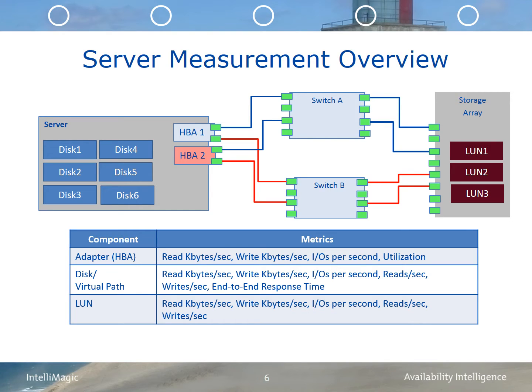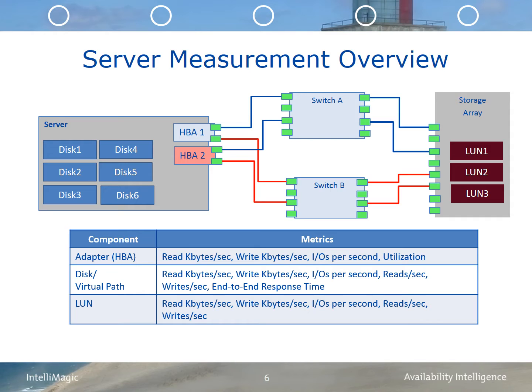The server connects via host bus adapters to switches, which connect to the storage arrays and the LUNs, or the storage on the storage arrays that are made host visible. From a server perspective, you can look at the throughput and the IOPS, and occasionally, depending on the platform, the utilization of the host bus adapter.